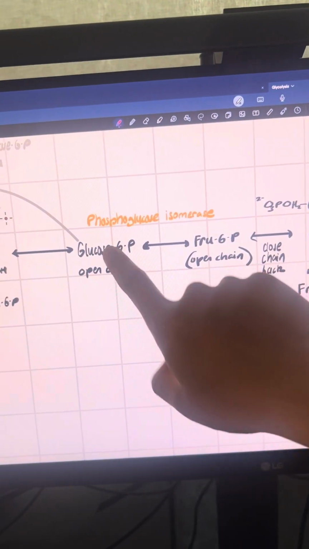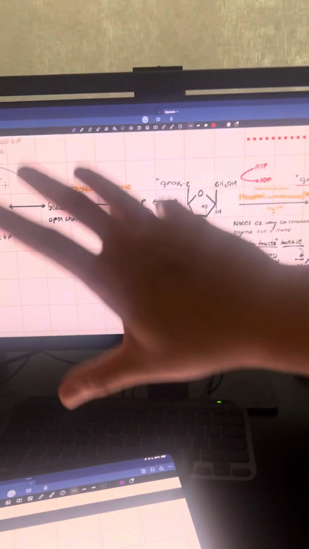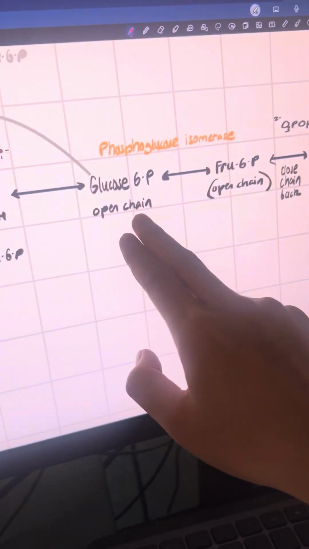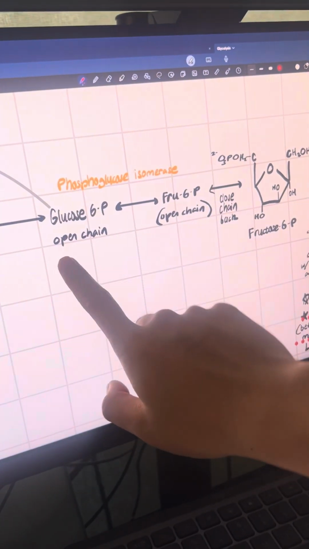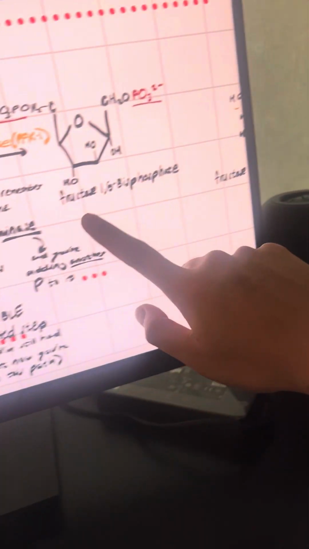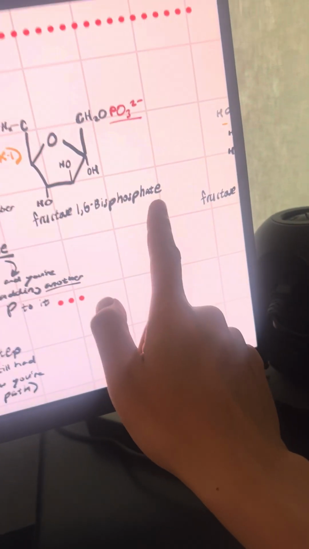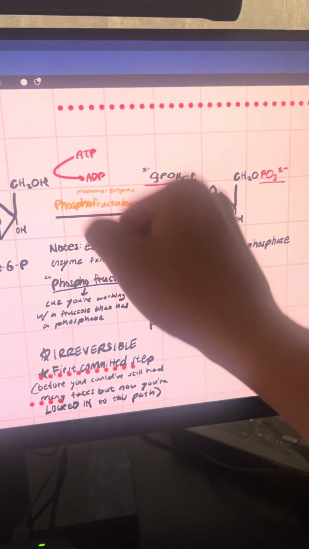And by that, I mean, if you go backwards, at this point, you can't say that you're fully locked in to the pathway of glycolysis. At this point, you can still go in multiple different fates and directions. Like glucose 6-phosphate can enter that pathway, go this way, go this way. But once you reach fructose 1,6-bisphosphate, catalyzed by the reaction PFK1, you're now locked into glycolysis and you will finish glycolysis.